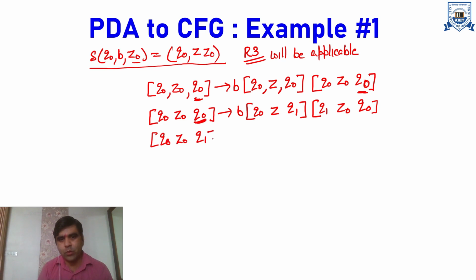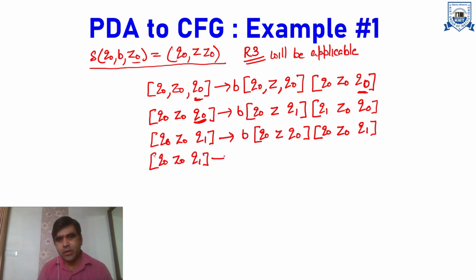So it will be Q1 derives B, we have Q naught, then we have Z, Q naught, and then because we are ending at Q naught, we'll start with Q naught, and Z, we end with Q1. And again we have another rule, because Q naught, Z naught, and this is Q1 derives what?